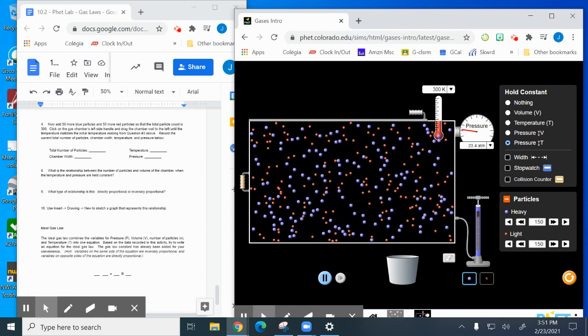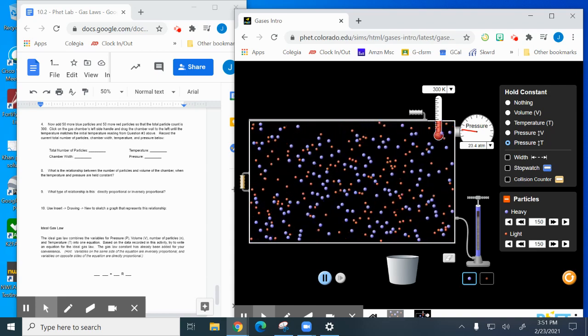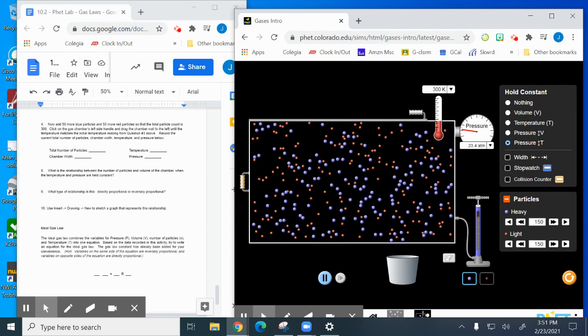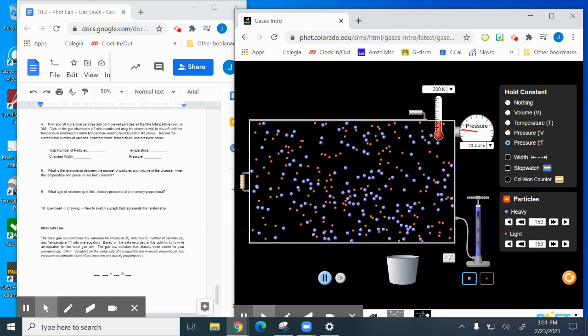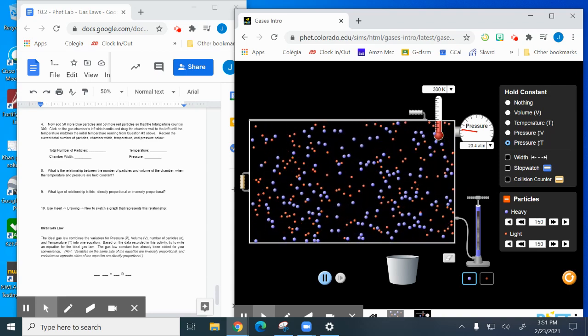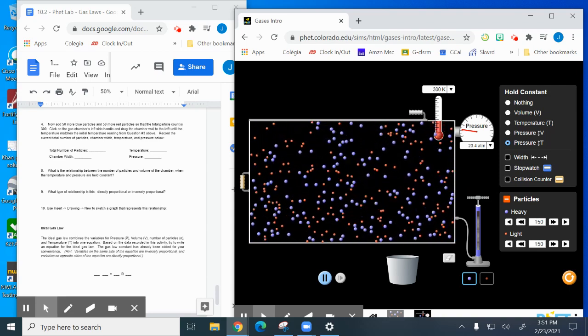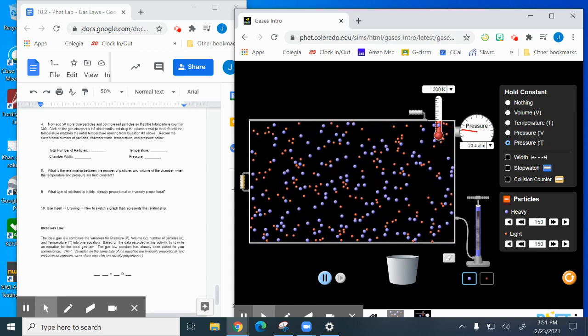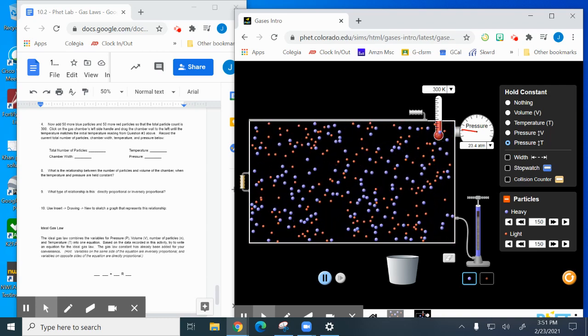What is the relationship between the number of particles and the volume of the chamber when the temperature and pressure are held constant? Well, if you add more particles and you don't want the pressure or the temperature to change, then you have to open up the box more, right? Because that has more wall width.